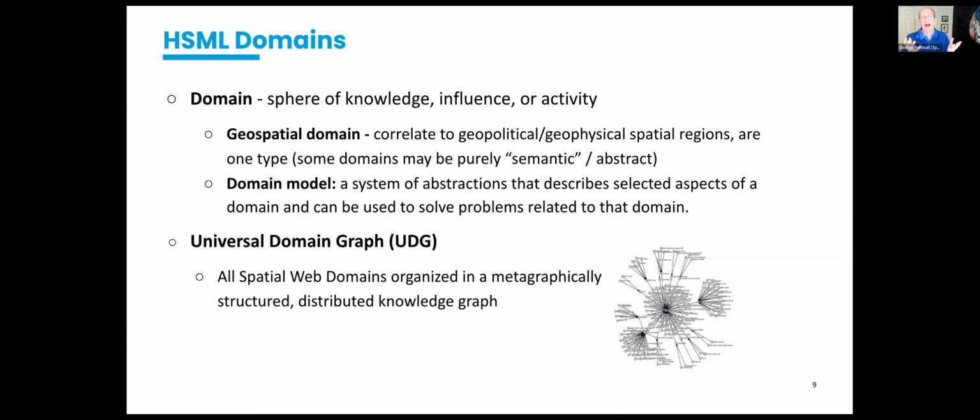It's a set of abstractions that allow you to discuss knowledge in the sense of here's a concept and here's its relationship to other concepts. So it's a domain modeling language, if you will.